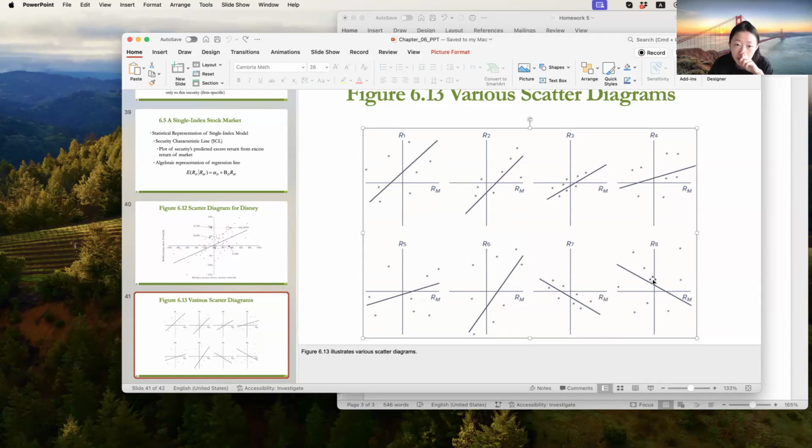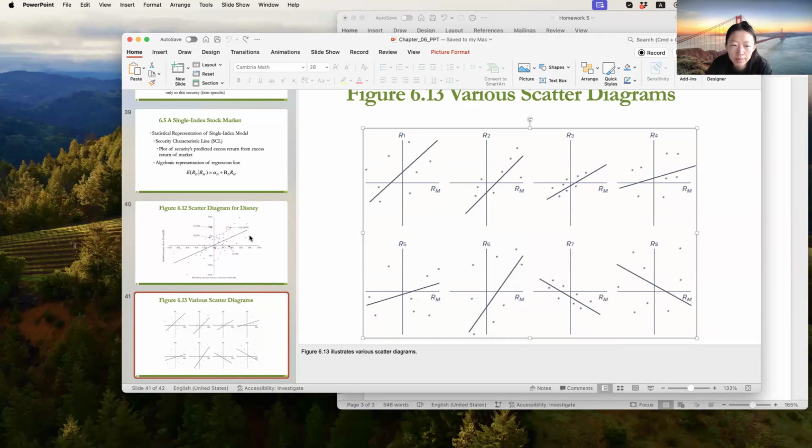But statistically, when you look at the real data, there are always some rare scenarios out there, where you can find firms that are negatively correlated with the market. So it's basically a statistical relationship. When the market goes up, this individual stock goes down. So that would be beta in theory.